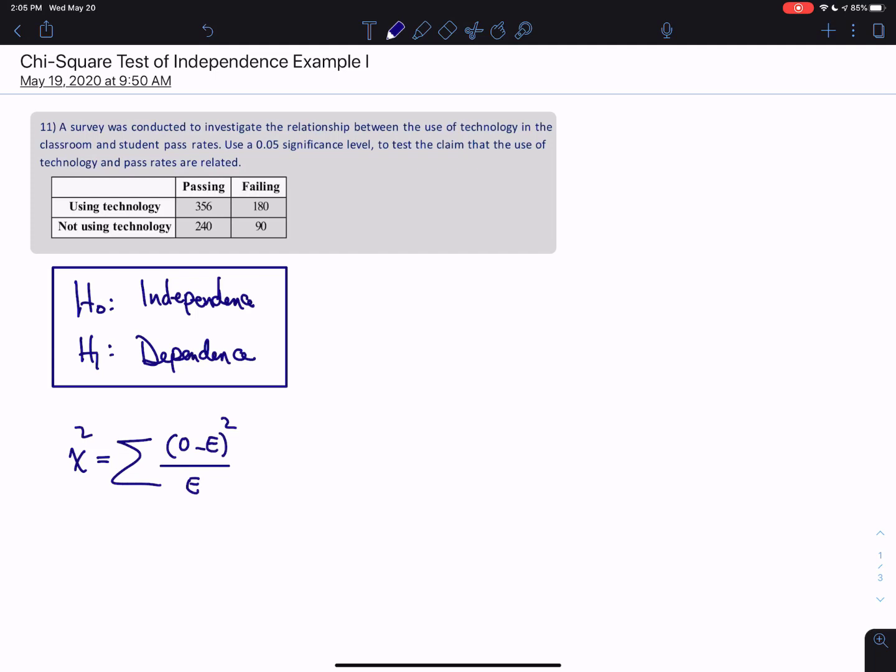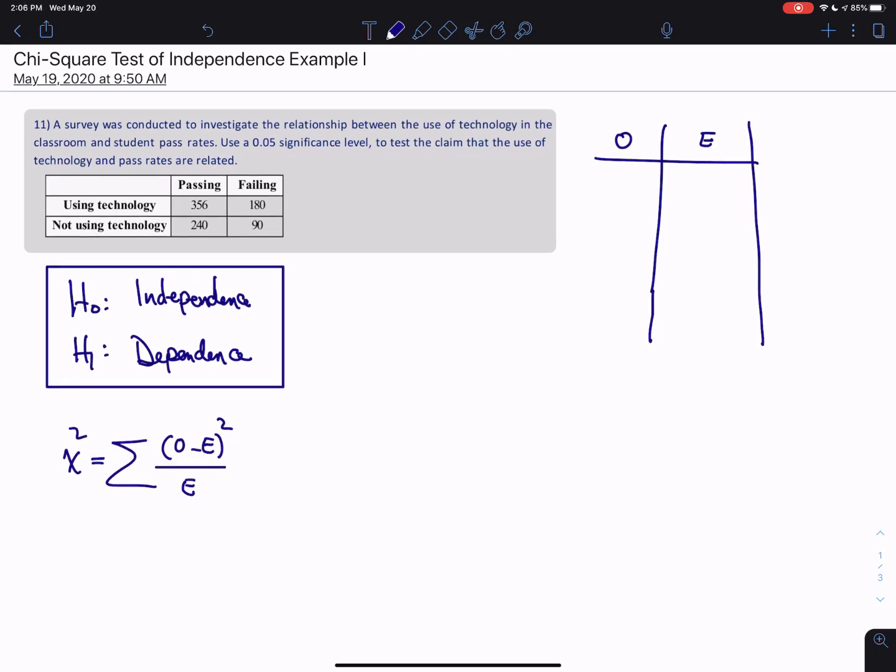And just to show it to you, you would write the O's, like 356, 180, 240, 90, and these will be your O values.